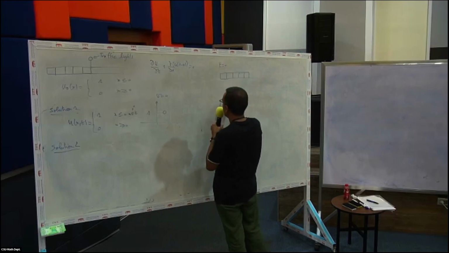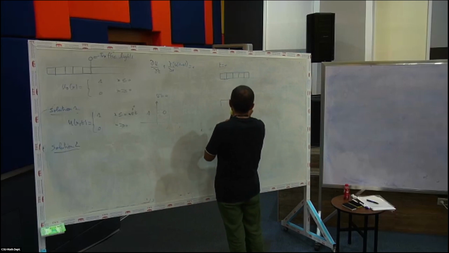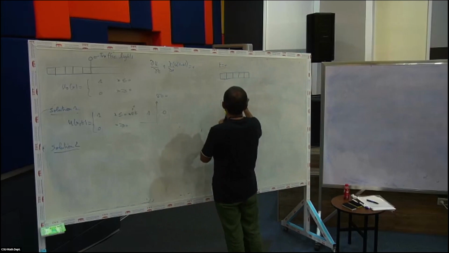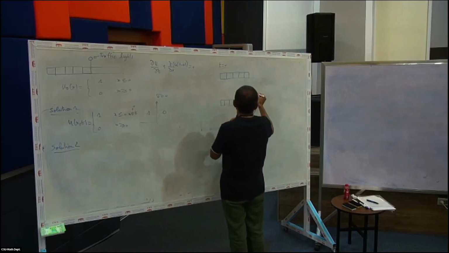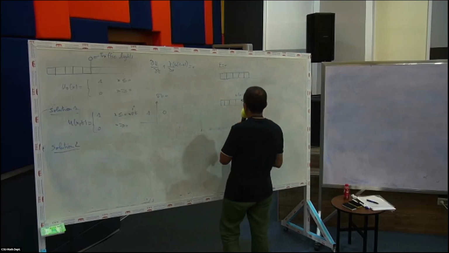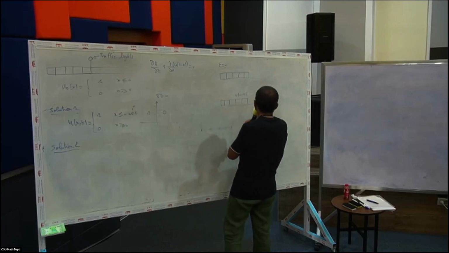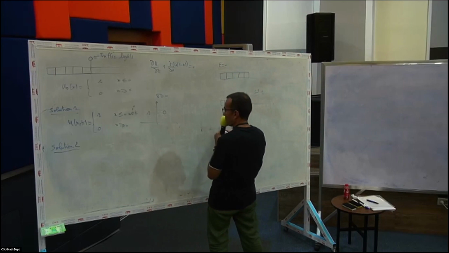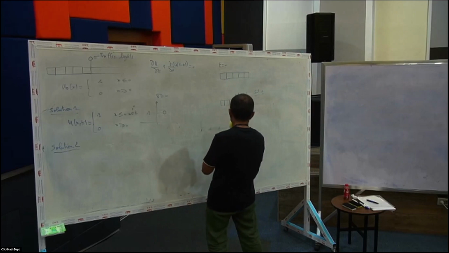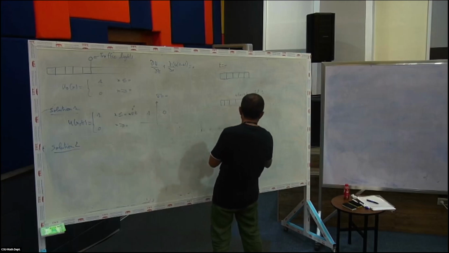Solution 1 is this one. And okay, this is the same. This is u of x, t. Solution 1. And solution 2 is, remember, solution 2 is something like this. One here, so 1, 2, 3.